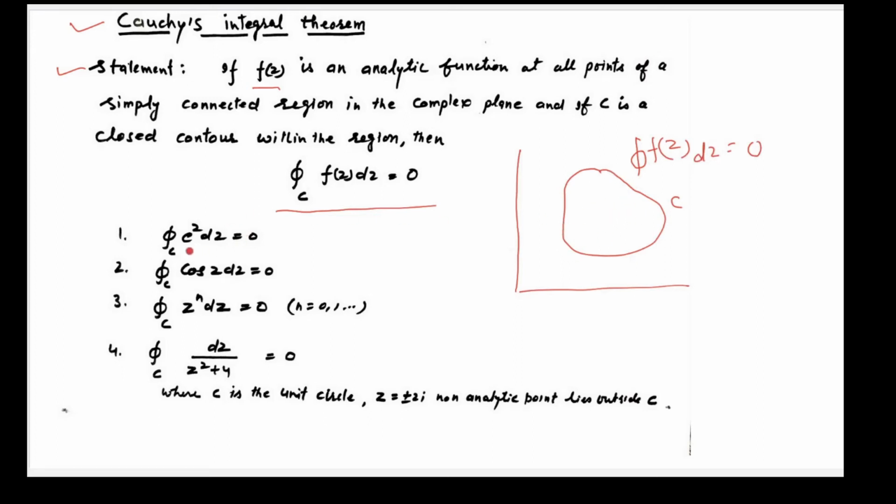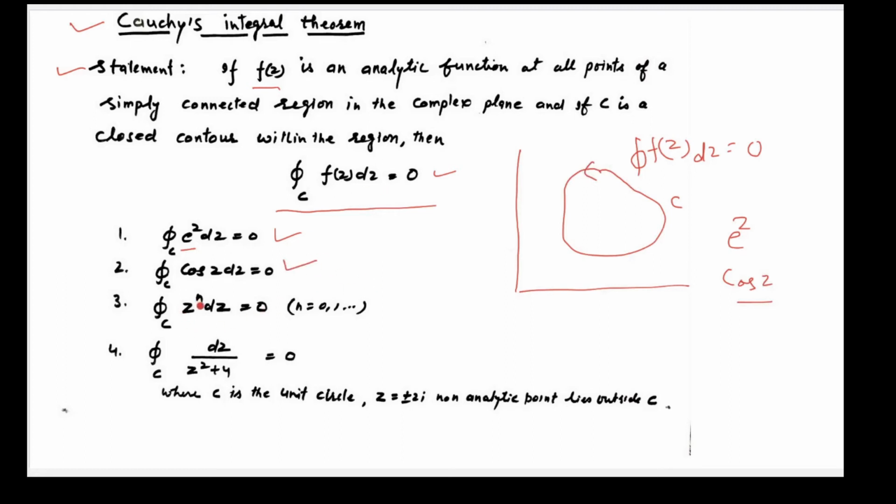For example, e raised to power z is an entire function. So this function is analytic throughout the complex plane. If we draw any closed contour and take the integration of this function along the closed contour, according to this theorem it will be equal to 0. Similarly, cos z is also an entire function, so according to this theorem this integration must be equal to 0.